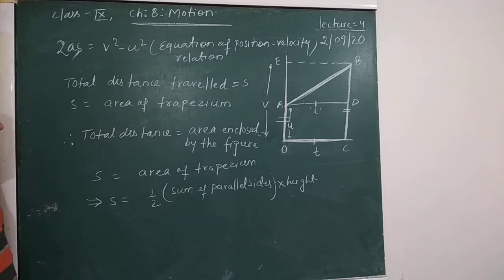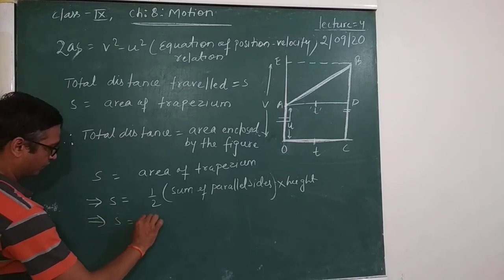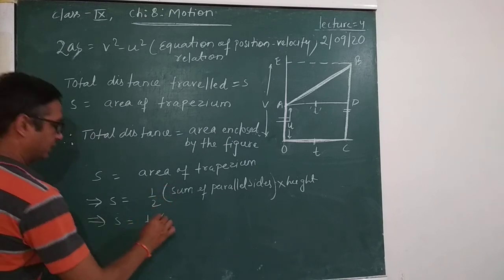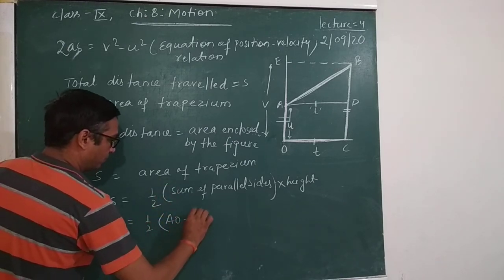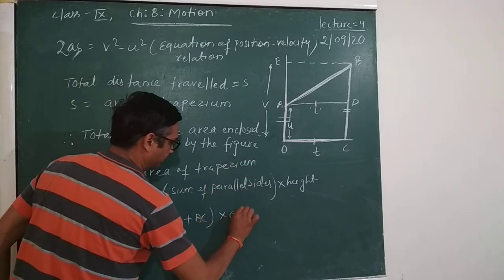Now s is equal to 1 by 2 times the sum of parallel sides. We can take here AO plus BC, and the height is OC.